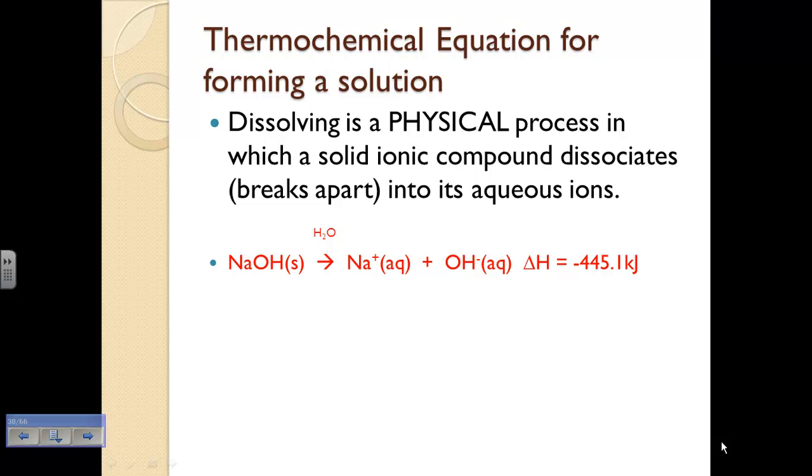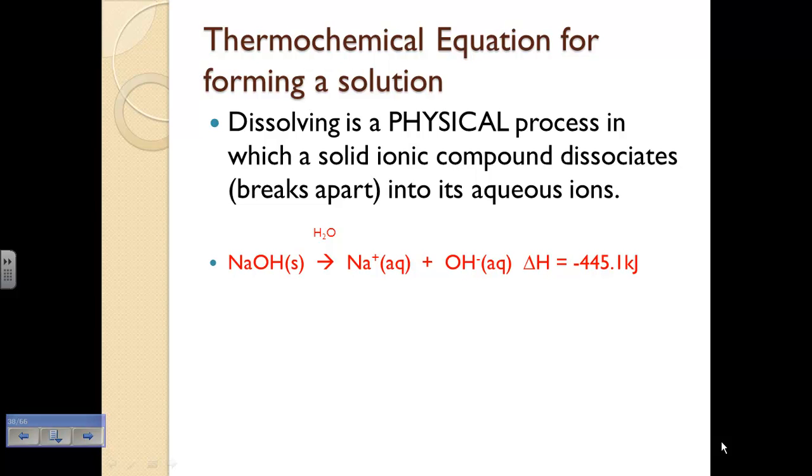When I add water, that's just creating a solution. The ions are aqueous, Na plus and OH negative. A solid material, NaOH, being placed into water, stir, and you get an Na positive ion and an OH negative ion. The delta H, the heat of solution, is written as negative since it was releasing heat.